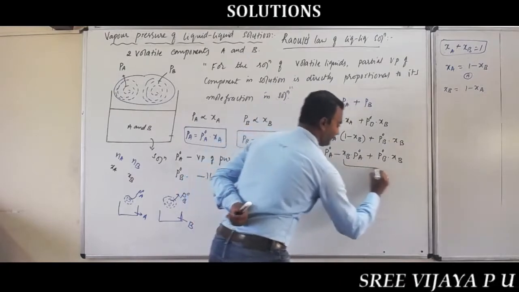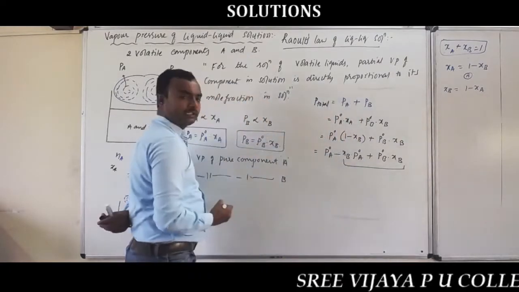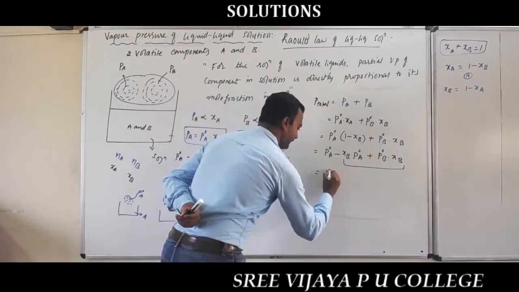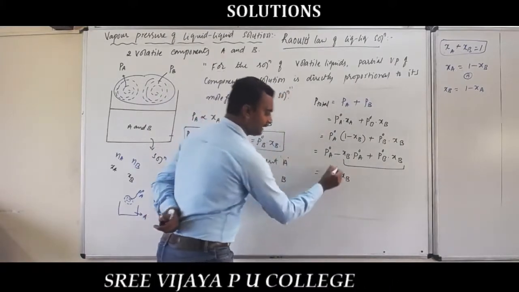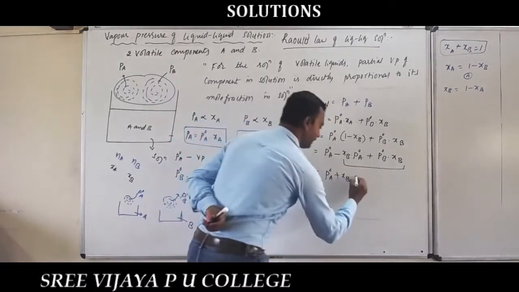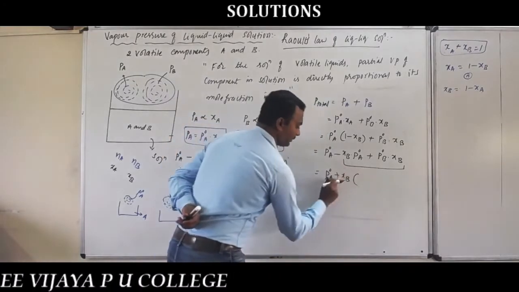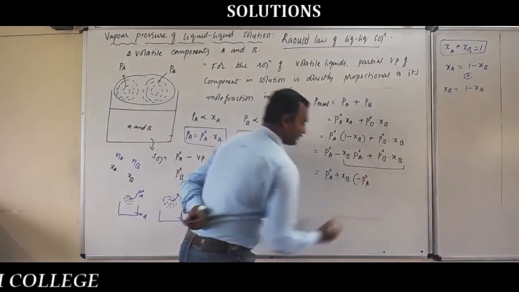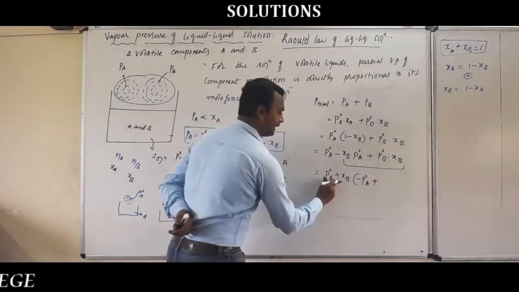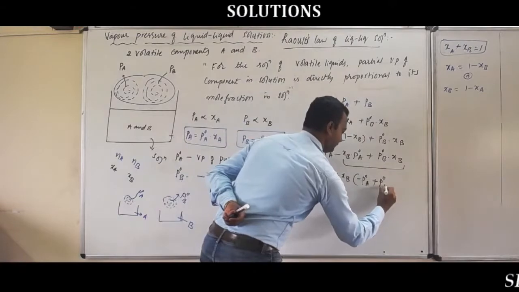From these two terms we can take the common factor XB: P naught A minus XB is the common factor, and plus XB, so the remaining terms are minus P naught A and plus P naught B.